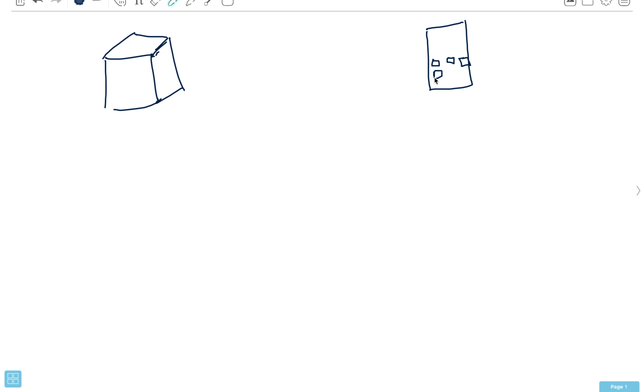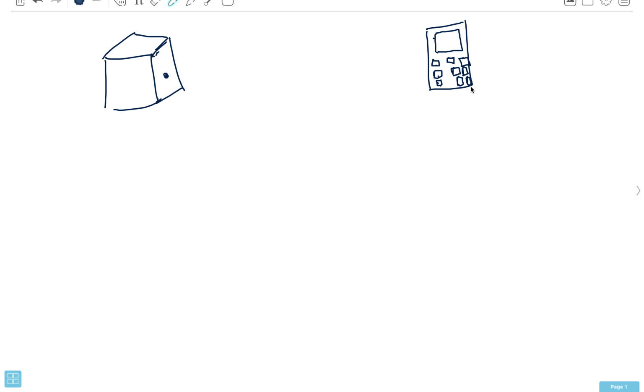Okay, so if we have a brick and a phone, again, I don't draw, so if I want to find out the distance from this brick to this phone, it's sufficient to find out the distance from the brick to any button on the phone or the screen.